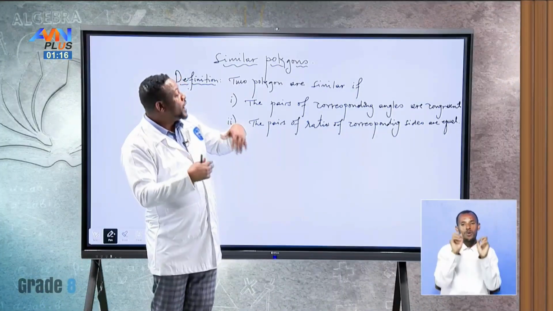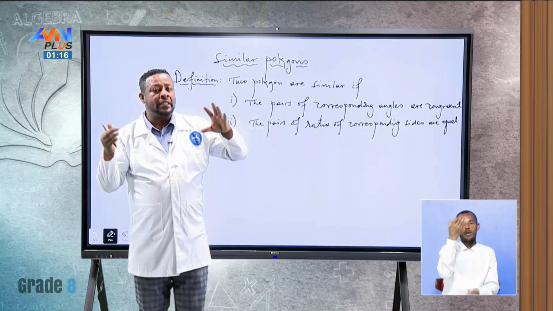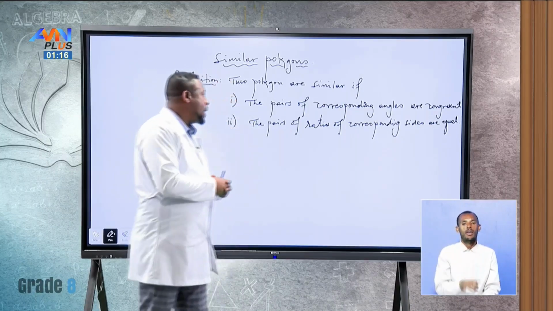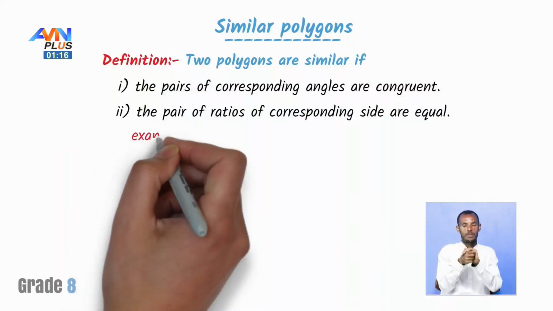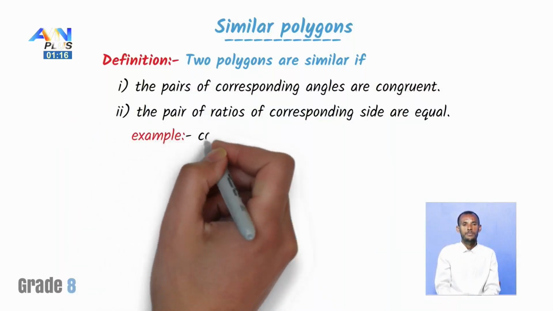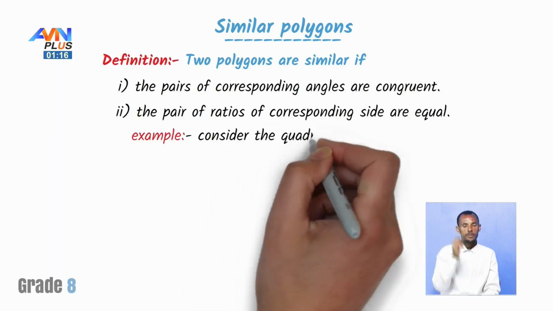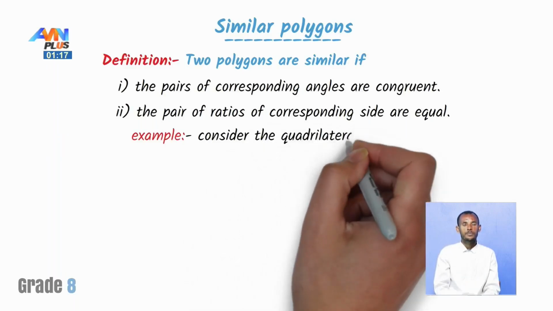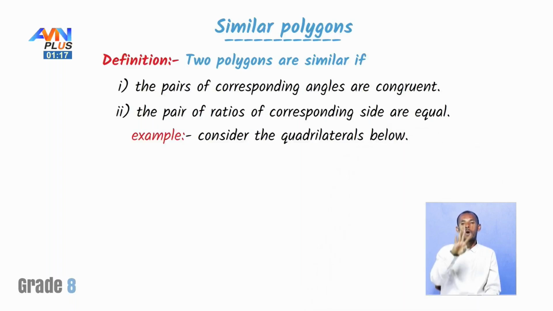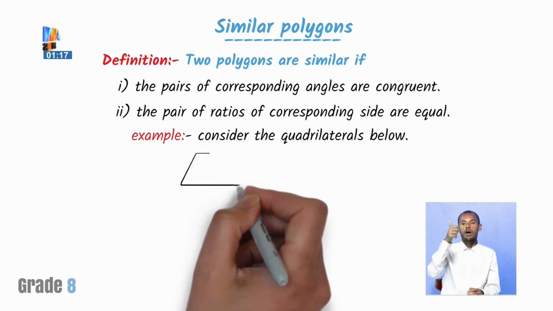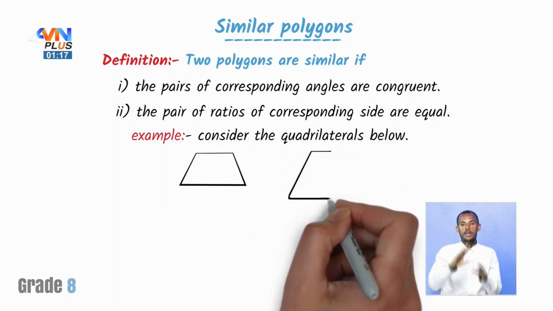To clarify this definition, let's take an example of similarity of polygons. For example, consider the quadrilaterals given below.